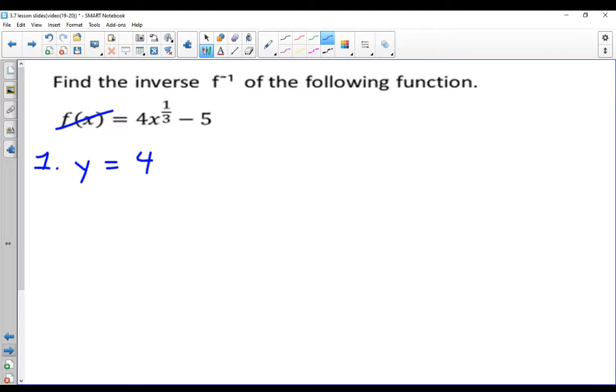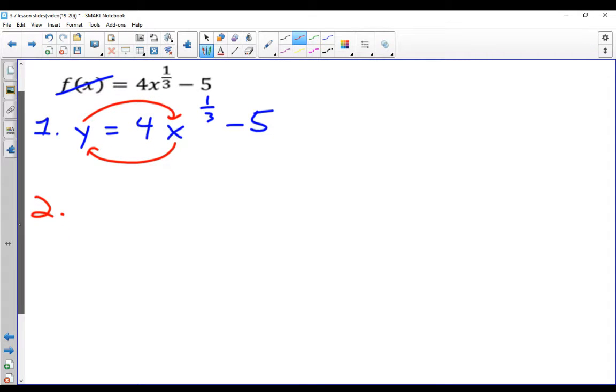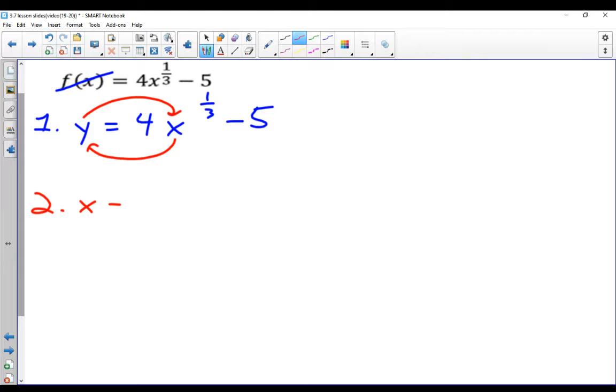So y equals 4x to the power of 1/3 minus 5. And then step 2, take your y and your x and make them switch places. So x equals 4y to the power of 1/3 minus 5.